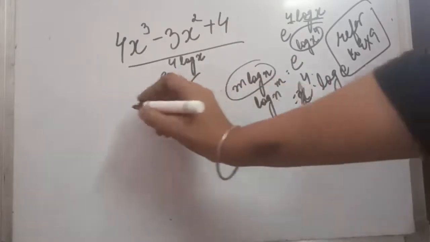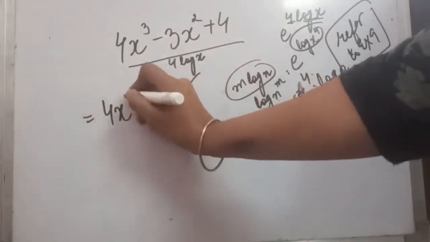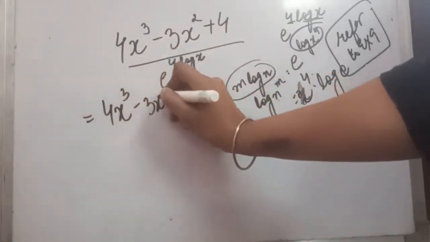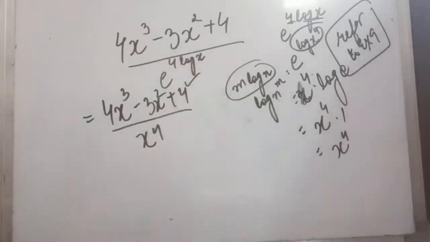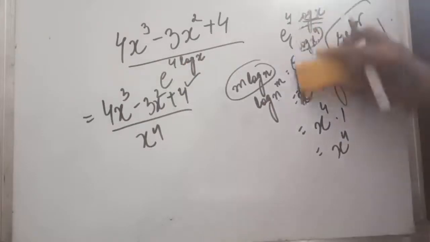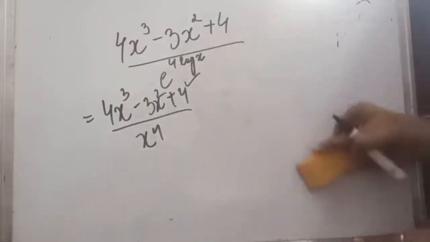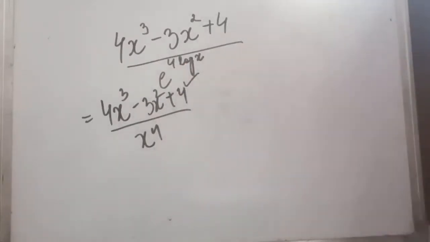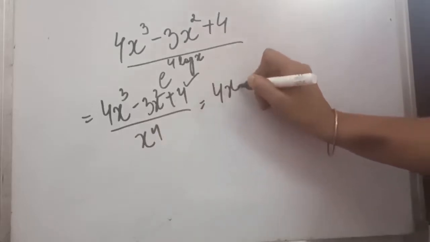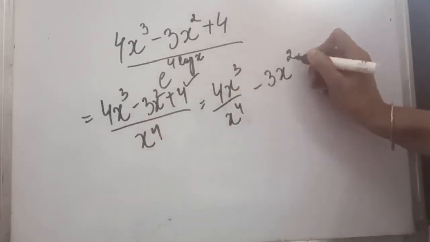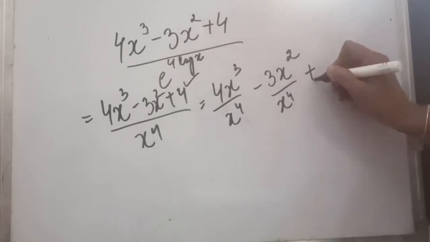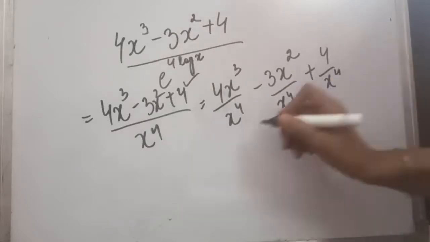So now putting this x power 4 in this equation, 4x cube minus 3x square plus 4 divided by x power 4. So now we have seen how we divide the numerator with the denominator individually. So it is 4x cube divided by x power 4 minus 3x square divided by x power 4 plus 4 divided by x power 4.